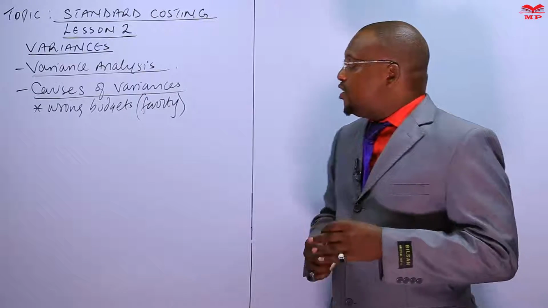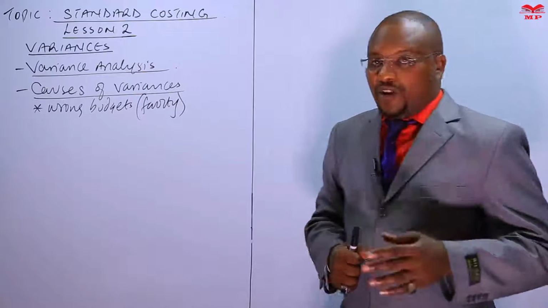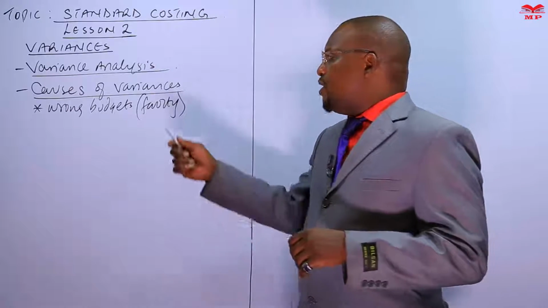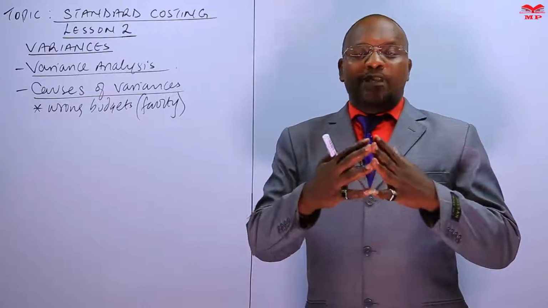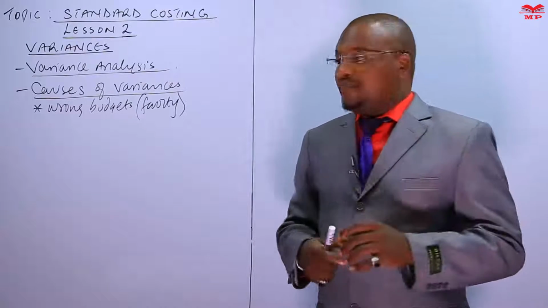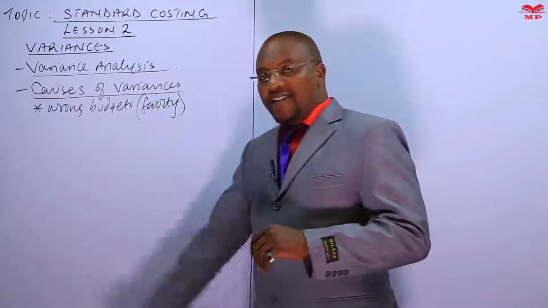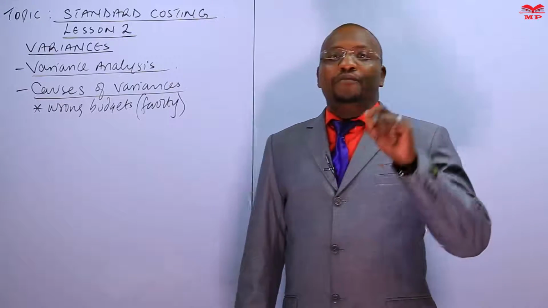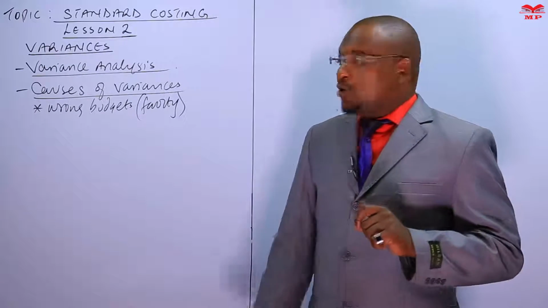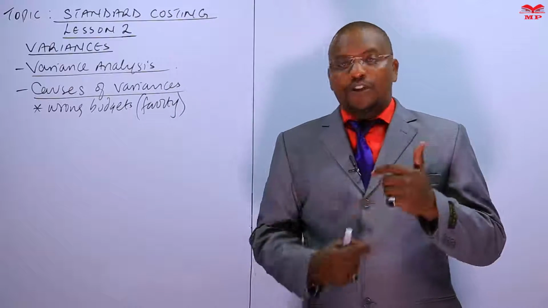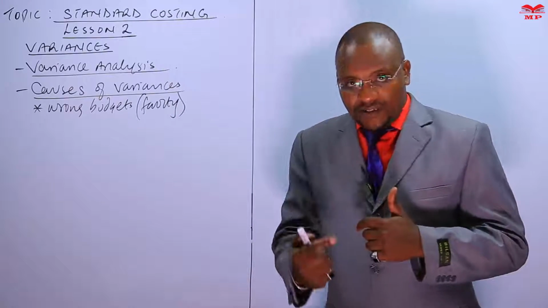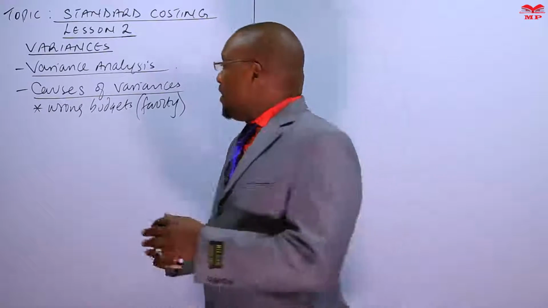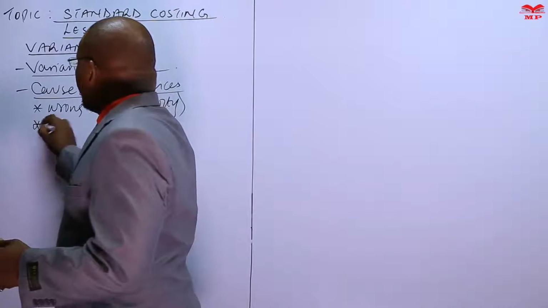If you base your budgeting or calculations on faulty budgets, automatically you are going to have wrong differences or wrong variances. Let me say this: a wrong budget will yield a meaningless variance. So you need to keep updating your budget now and then so that at least you have an updated budget.